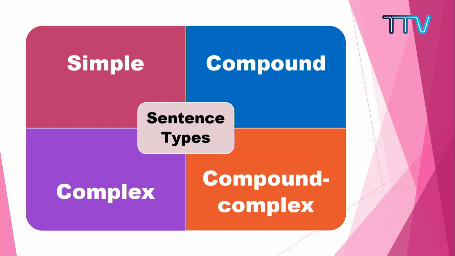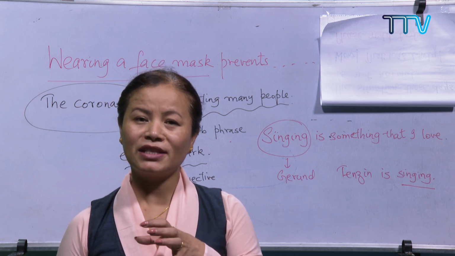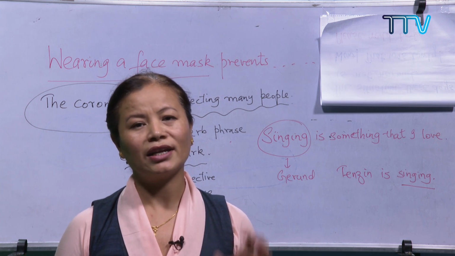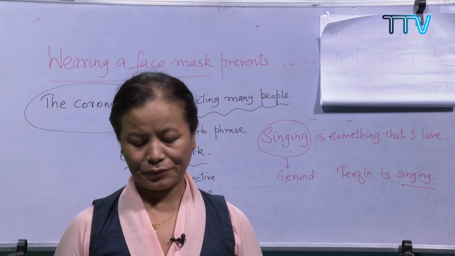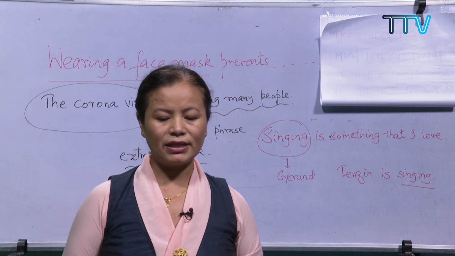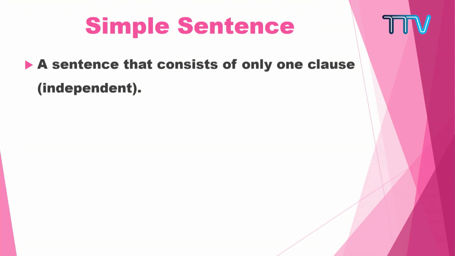Now that you all understand what a phrase is, which forms a part of a sentence, it becomes easier for you to understand what a simple sentence actually is. A simple sentence is a sentence that consists of only one clause, and that clause is independent.